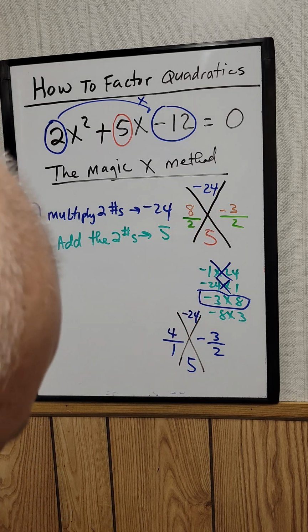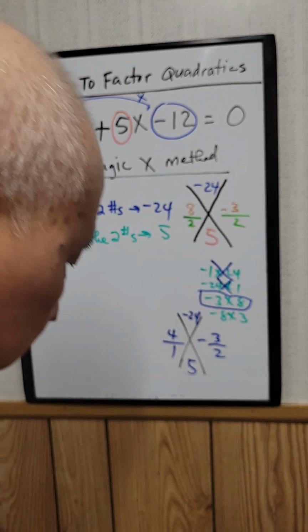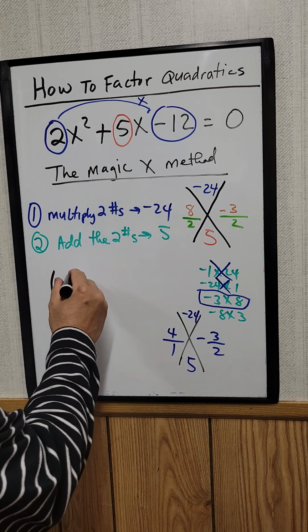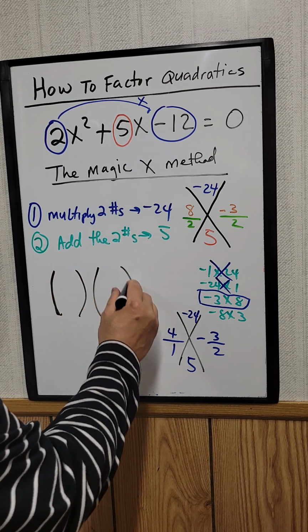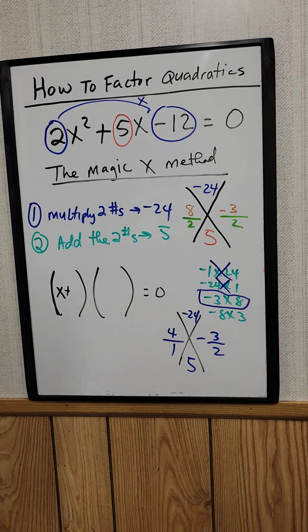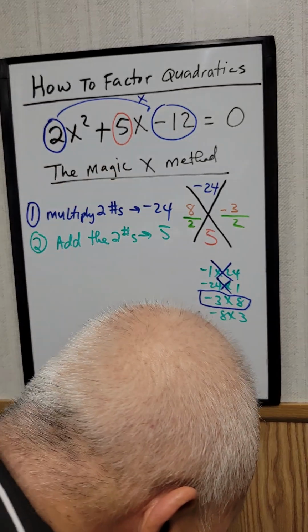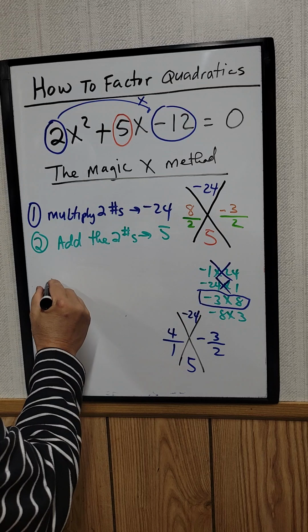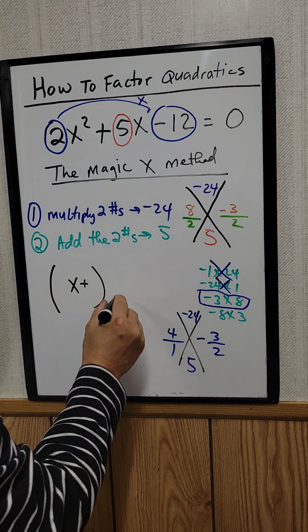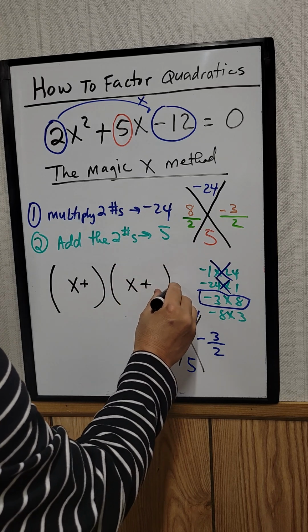Now we can rewrite the equation. So the equation would be x plus, x plus, equal to 0.